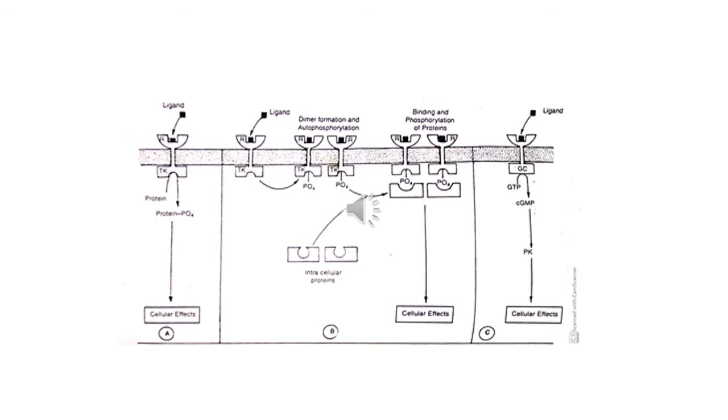If we talk about the C part of this figure, it is related to guanylate cyclase and cGMP. In a few enzymatic receptors, like here the atrial natriuretic peptide receptor, the intracellular domain is not a protein kinase. It is the guanylate cyclase enzyme.